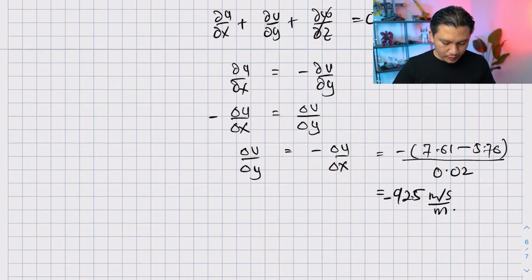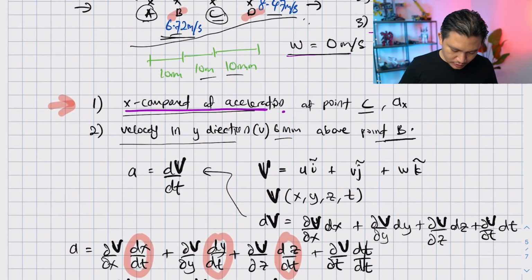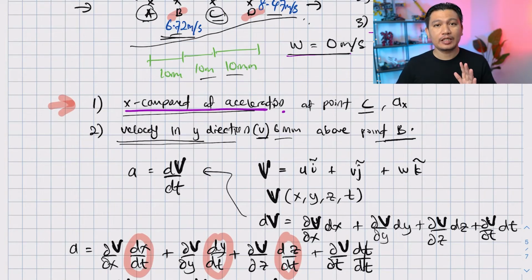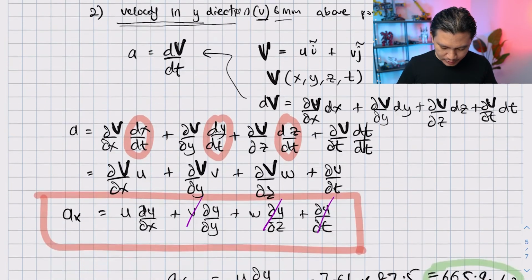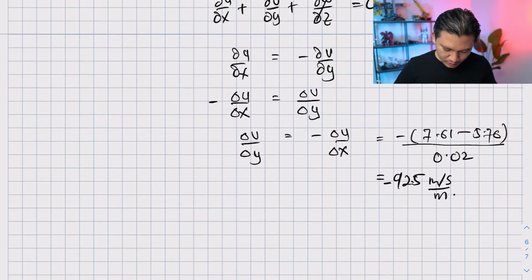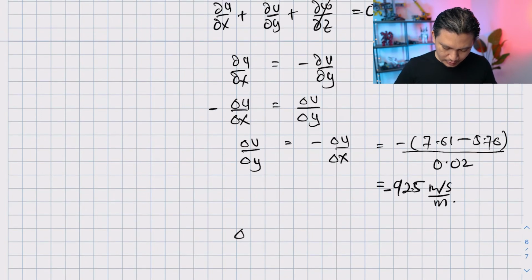Now we are looking for the velocity in the y direction, which is v, 6 millimeters above point B. I think we agreed before that the velocity in the y direction is 0 at the center line because the flow is symmetrical. So I'm looking for Δv at Δy equal to 0.006, because 6 millimeters.